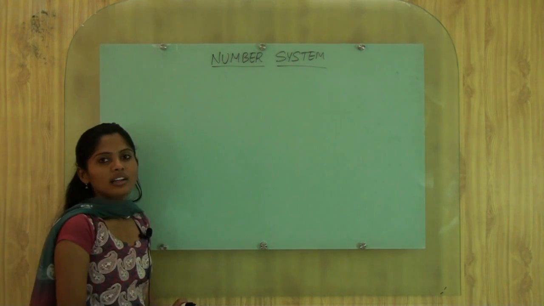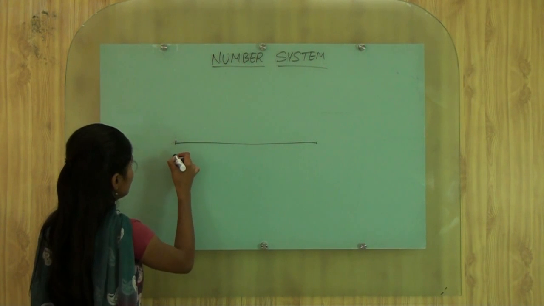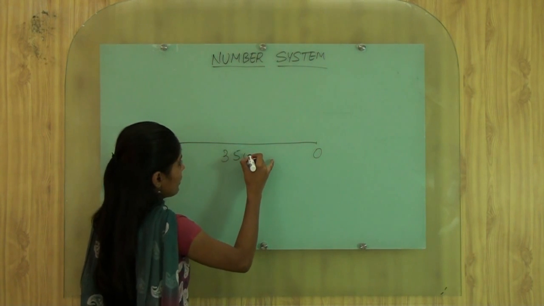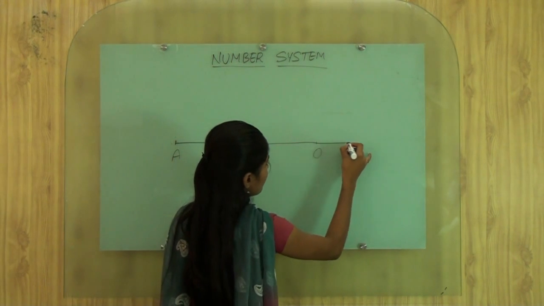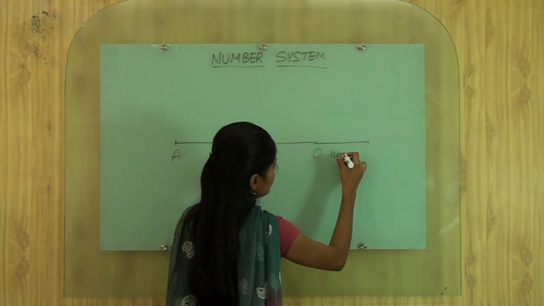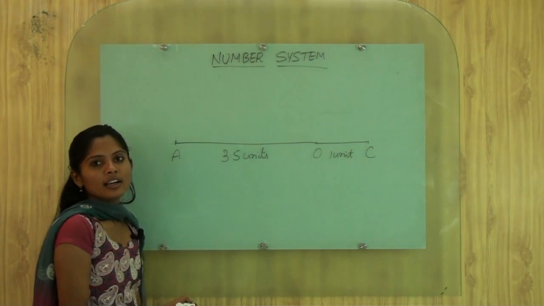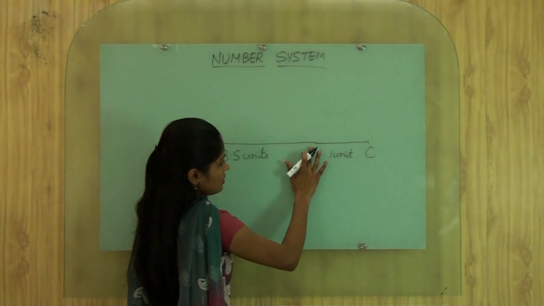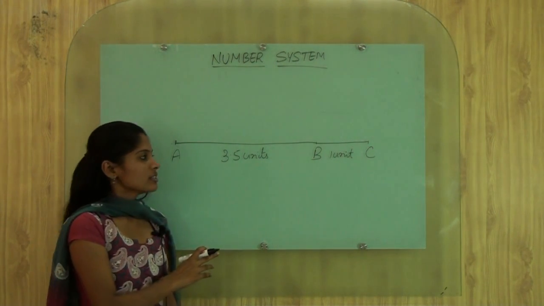Next, let's consider a line. Consider a line AO of 3.5 units. Extend AO by 1 unit and call it C. Then you will get the center point, let's take it as B. AB is of 3.5 units.